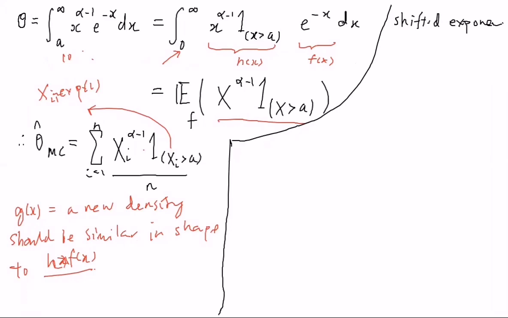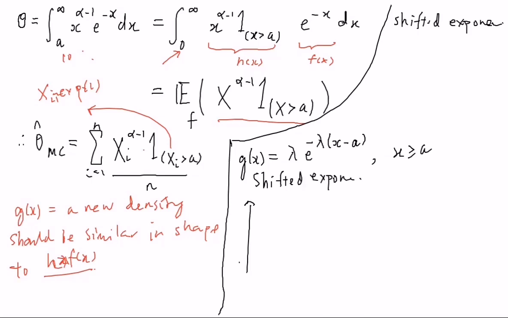Here I'm going to write g(x) equals lambda e to the minus lambda (x minus a), where x is greater than or equal to a. So this is basically the shifted exponential. If you graph this, it starts from a, and then it just comes down. So this is my g(x). Over here, there's nothing.